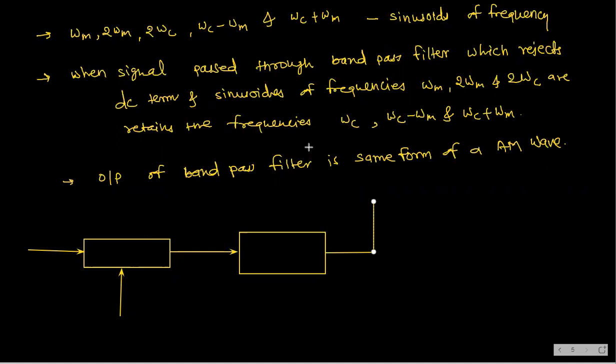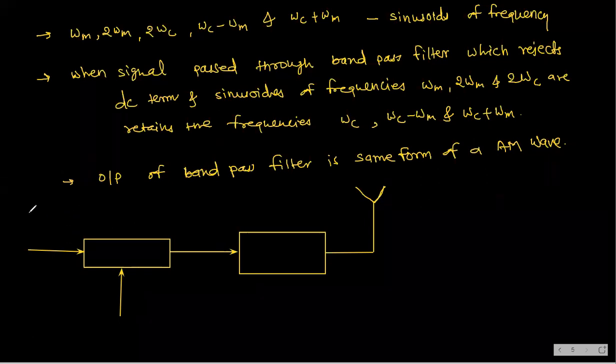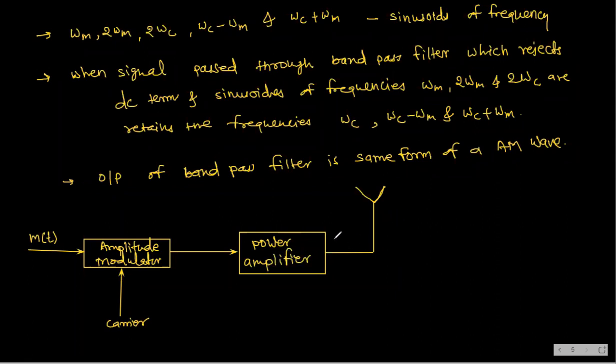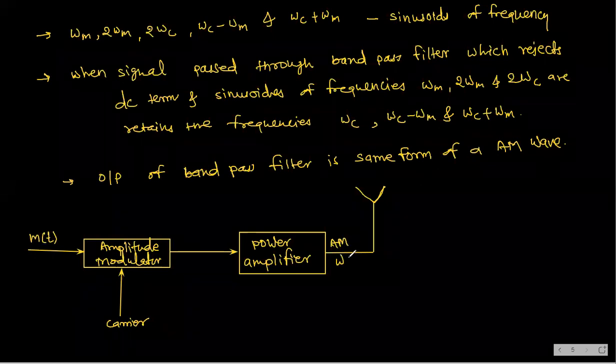Okay. Like this. So this is m of t message signal. Here it is carrier, amplitude modulator, here it is power amplifier, this is amplitude modulated wave, and transmitting antenna.